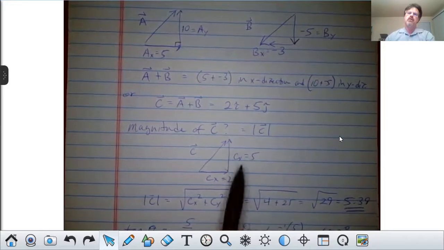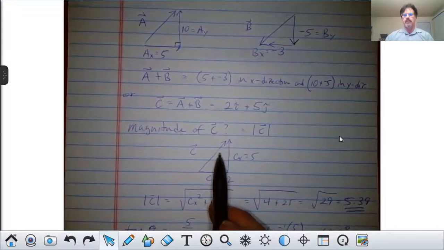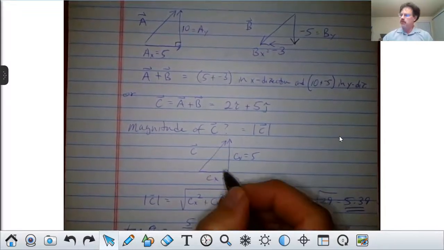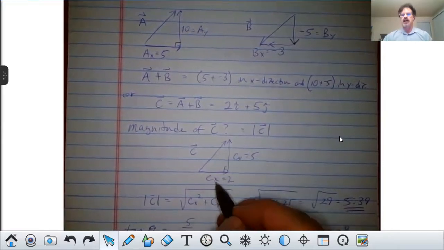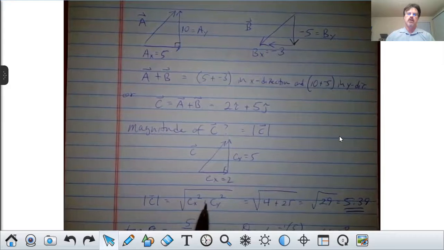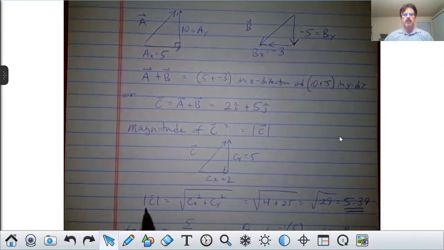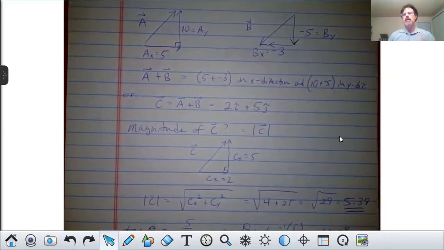Then the question might be, let's say I wanted to know the length or the magnitude of this vector. Well, now I can just use trigonometry. It's a right triangle, and the length or magnitude of c is the hypotenuse. The sides are 2 and 5. So just use Pythagoras' theorem: c squared equals cx squared plus cy squared. Well, I take the square root to get the actual length of c, which sometimes I'll put an absolute value symbol on, but this represents the magnitude of the vector.